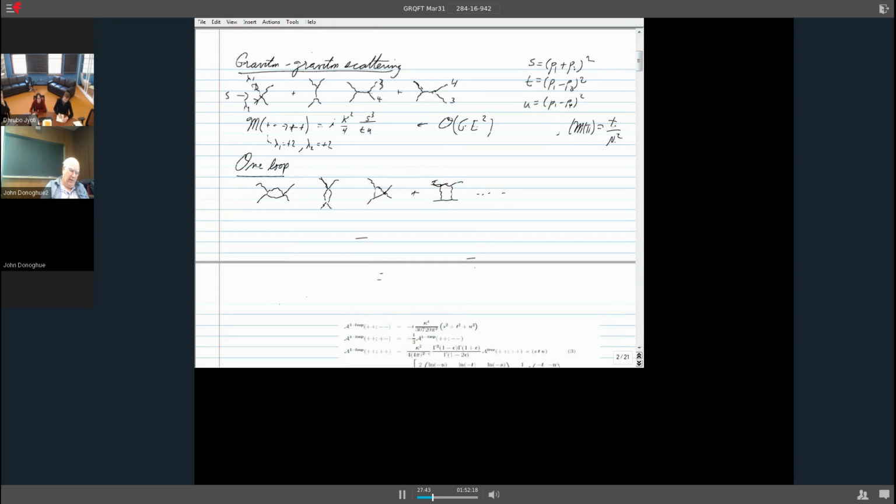This was actually first done. Actually, tree level even was not done early on in the game either. It took up to about 1960 or so before somebody finally wrote that out, maybe 70. But this was done by Dunbar and Norridge. And what they actually did is it was string-based methods.